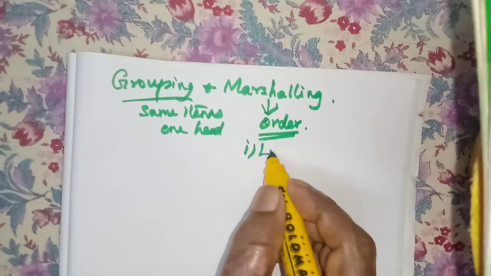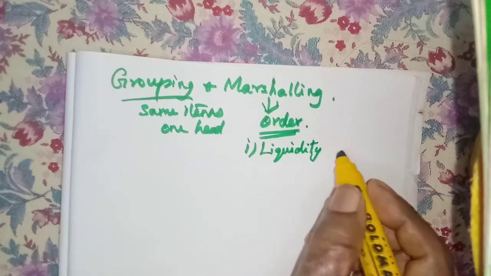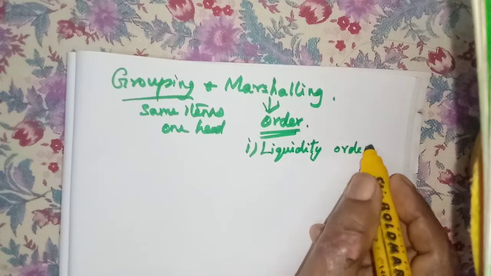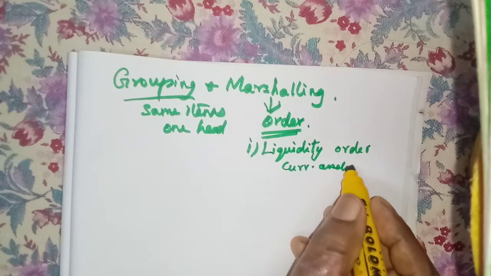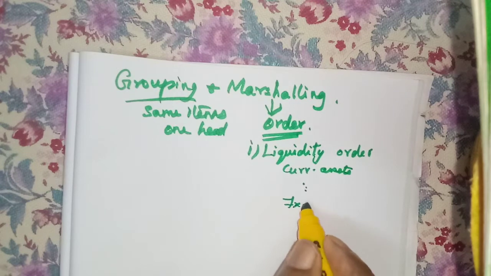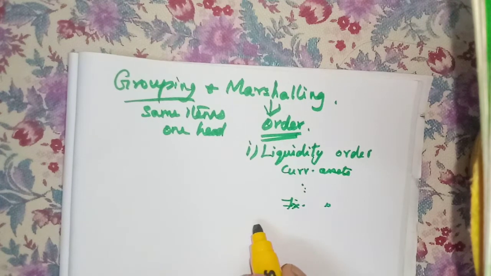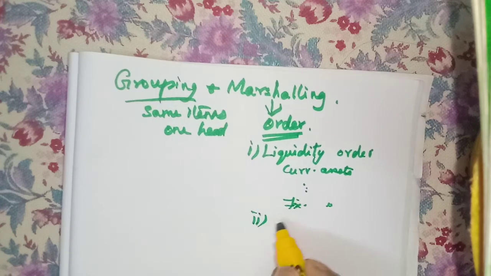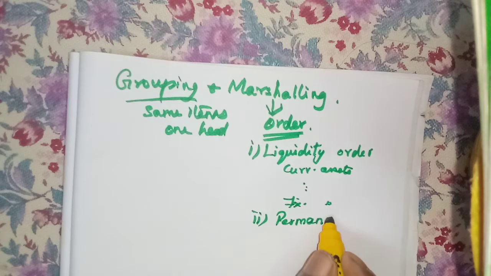Either in the liquidity order, which means which asset can be converted easily into cash. That means the current assets will be written first, and at last we will write the fixed assets. But the other one is the order of permanence.